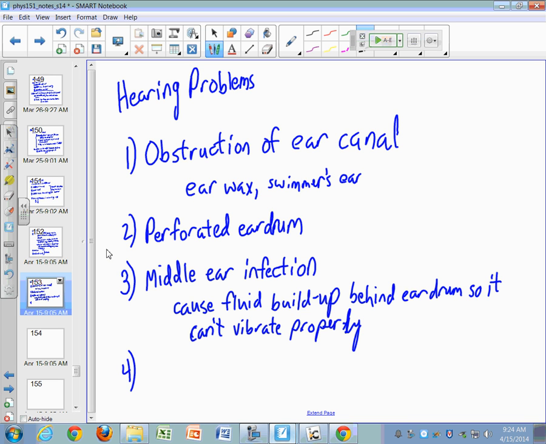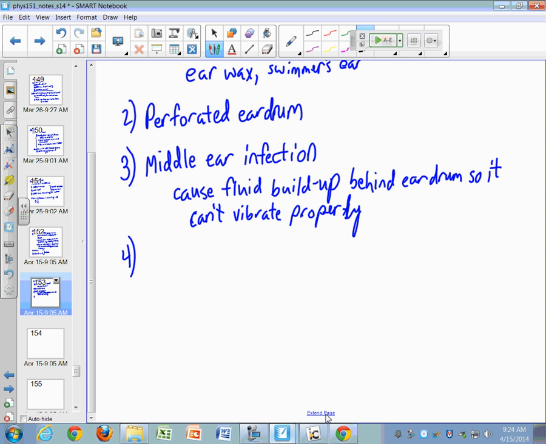Or you can have cochlear problems with the cochlea. And this is usually due to the loss of hair cells. Either through damage by very loud noises or some degenerative disease, you can lose those hair cells.